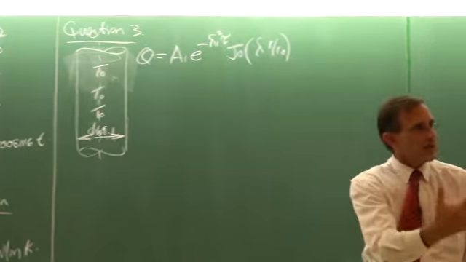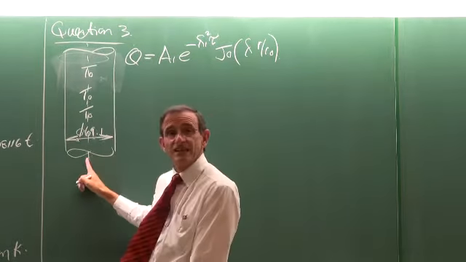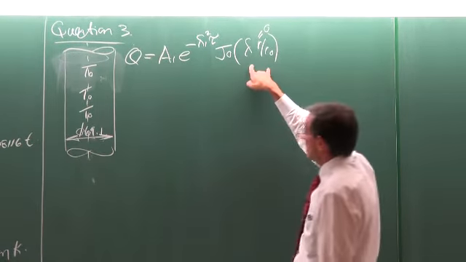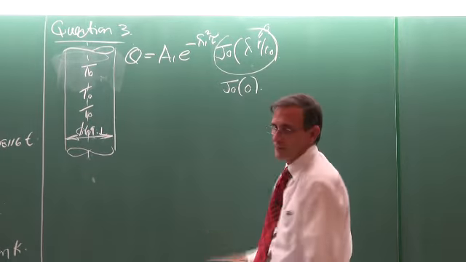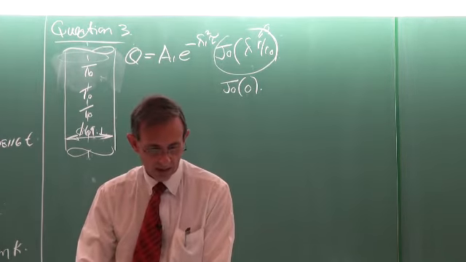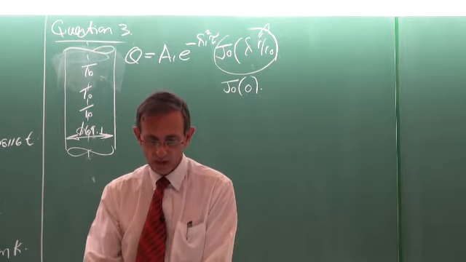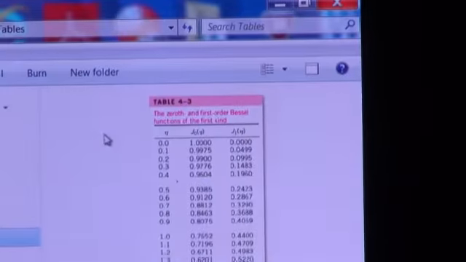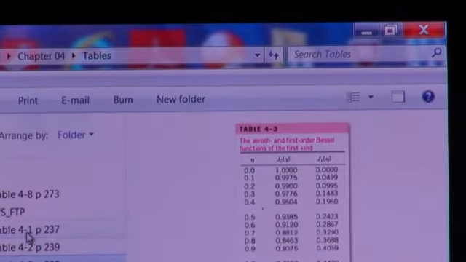Now in your textbook, the derivation has been given for the special case where we want it on the center. That would be when r is equal to 0. And the result of that is J0 of 0. Now where do we get that from? If we look at the 0th order and 1st order Bessel functions, we can see that if the argument is equal to 0, then it is equal to 1.